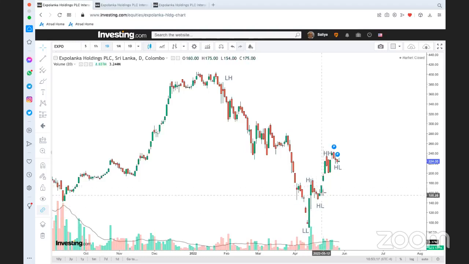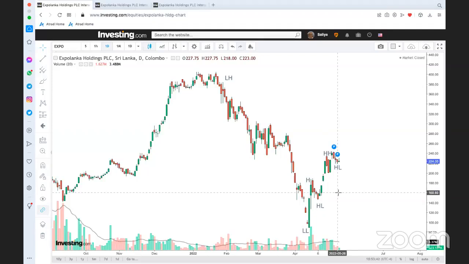Once we see this, we look at the next indicator that we use to understand whether there is a trend confirmation, right? Now, after the higher low and higher high confirmation, we use the moving average tool to understand the confirmation.